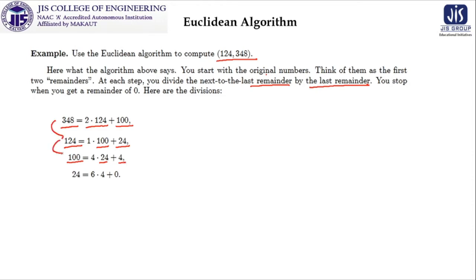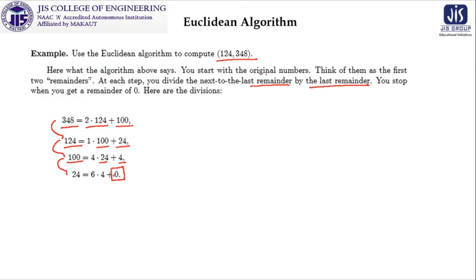We are following the same process in each step; it is nothing but one approach of the algorithm. Here we divide 24 by 4 and get the remainder 0.